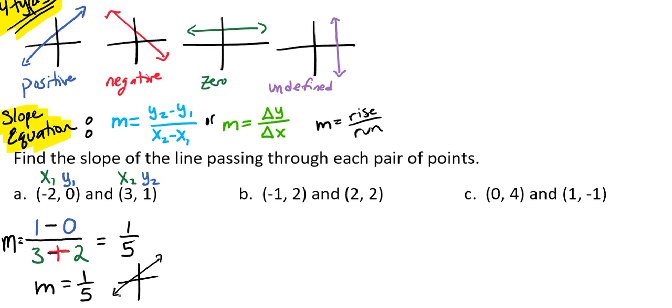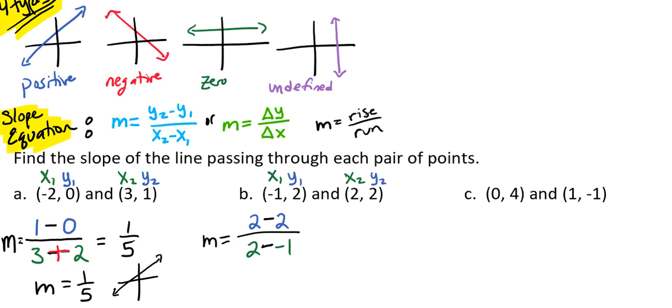Okay. Let's look at our next example. So same thing. Let's go ahead and label our pieces: x1, x2, y1, y2. And let's plug those in. So here we're going to have 2 minus 2 over 2 minus -1.